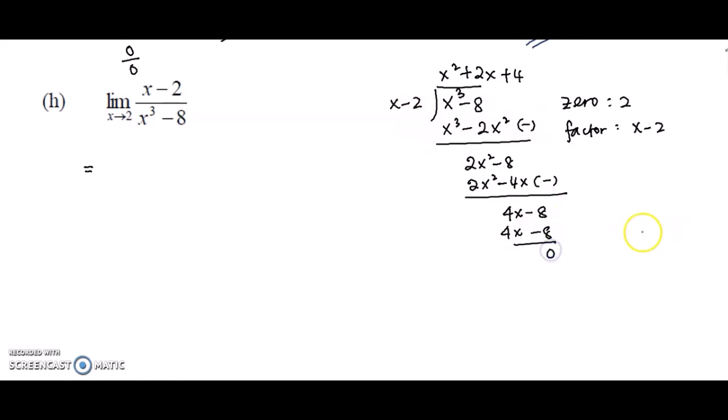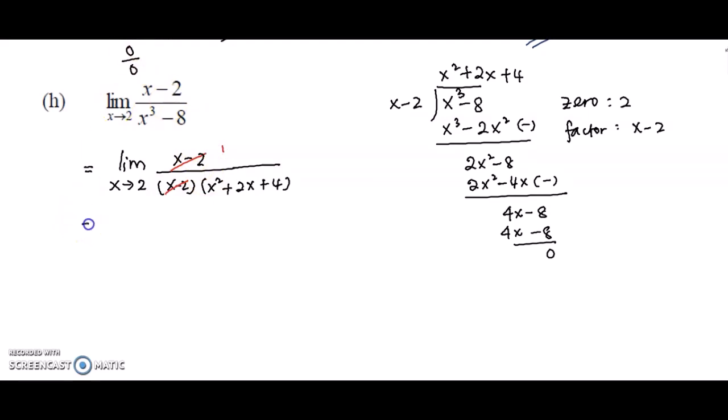You got remainder 0. This means that our polynomial x cubed minus 8 can be written as x minus 2, which is my divisor, multiplied by my quotient, that is x squared plus 2x plus 4. Then from here, I can see that x minus 2 can be cancelled off.